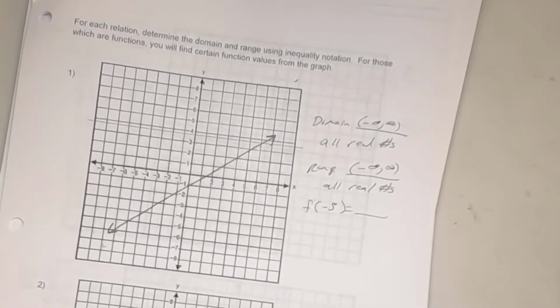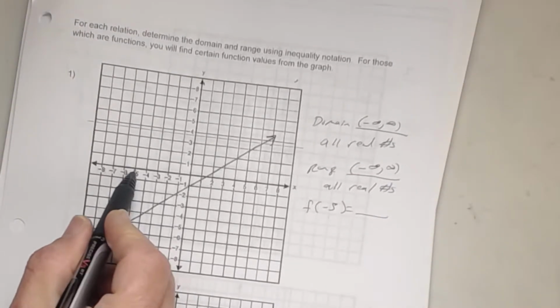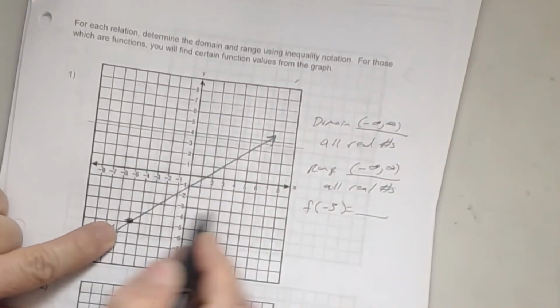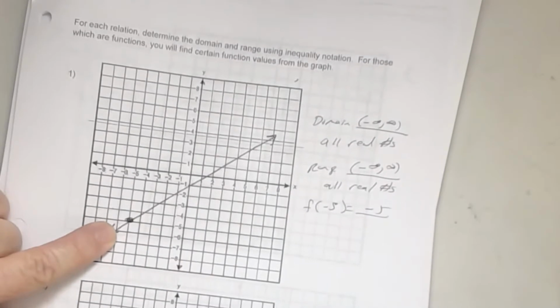But remember, what does f of -5 mean? If x is -5, what is the y value? Can you tell me on this graph where that point is? When x is -5, you go down here and tell me what that y value is. See it right here? That's what they're asking. So what's that y value? -5.